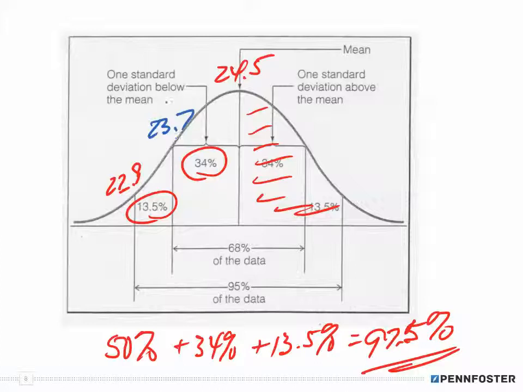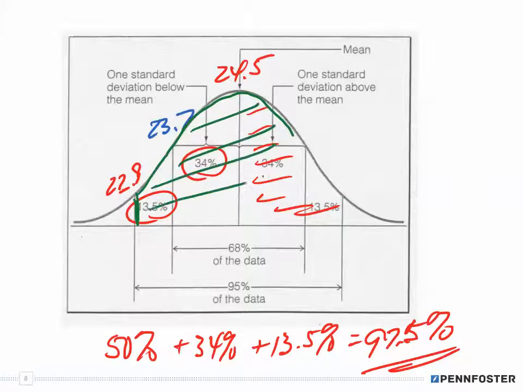All right. Well, you have to be careful about how it's being asked, okay? Because with the previous one where we're saying weigh more than, remember, for the 22.9, we're talking about weighing more than.